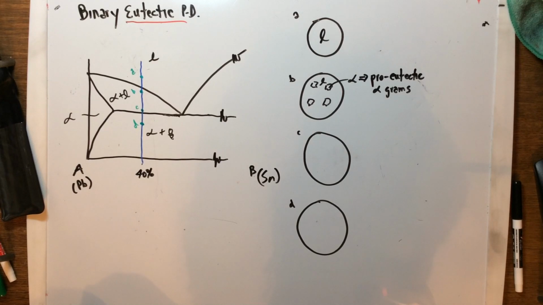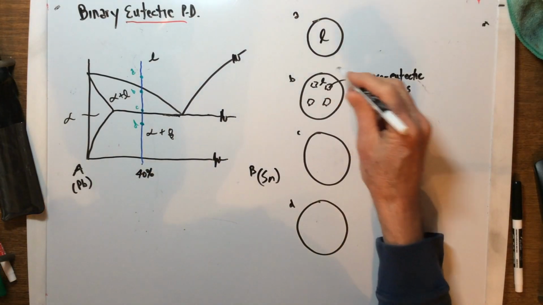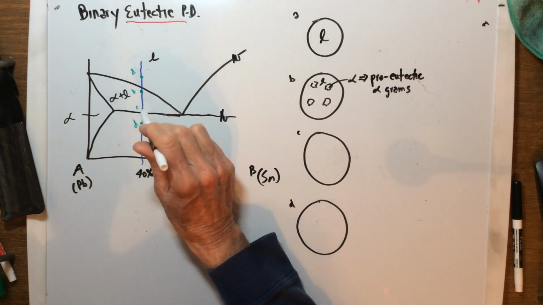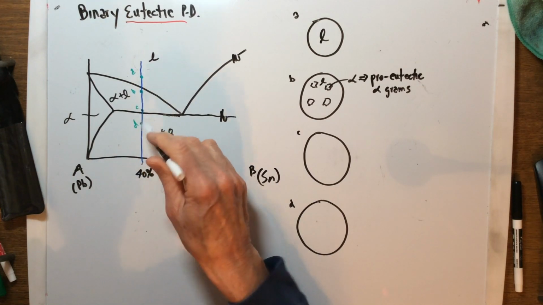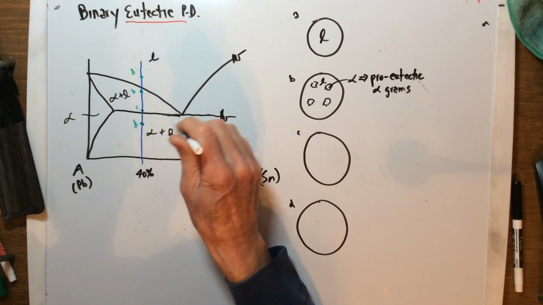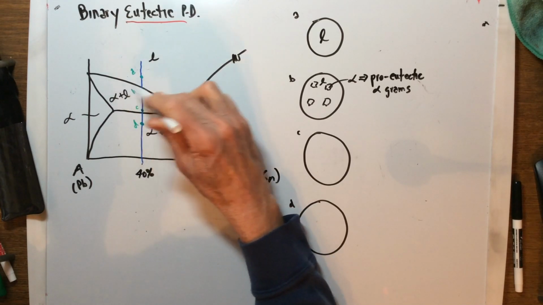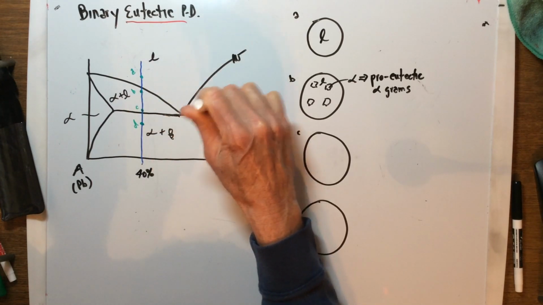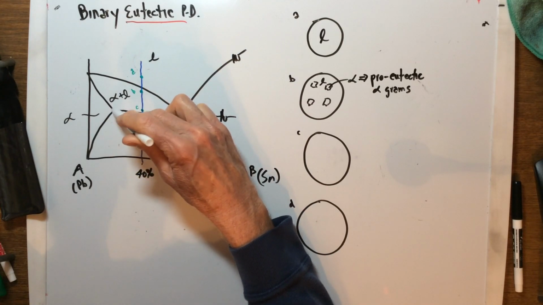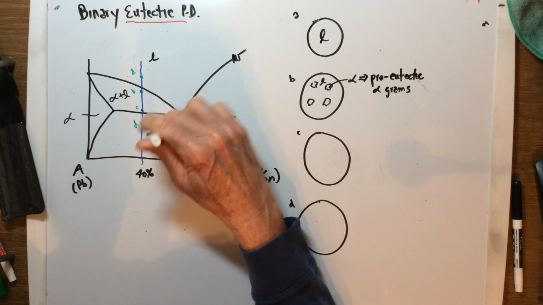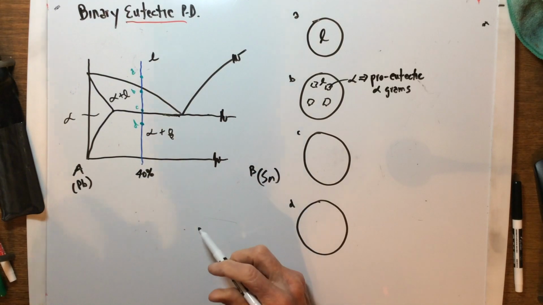Okay, and then we're going to have the liquid in here. Okay, so down here now at C, we're getting closer and closer to where this becomes all solid, because again, this is liquid to this point, but down here below this eutectic temperature is going to be all solid, a two-phase solid of alpha and beta.